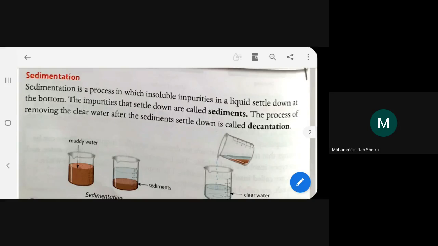Now please tell me one thing. Are we able to dissolve mud and sand inside the water? No, ma'am.